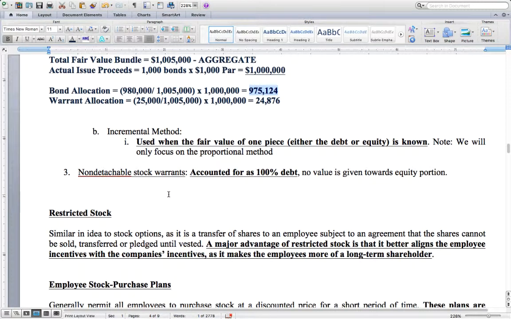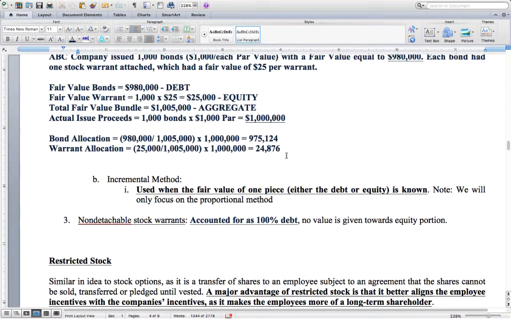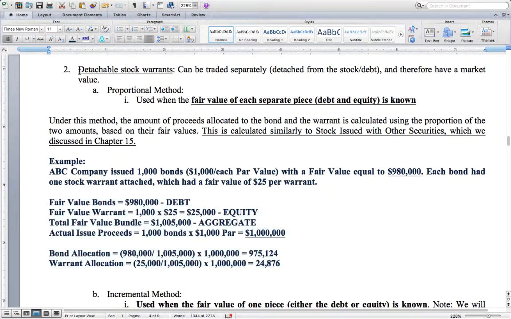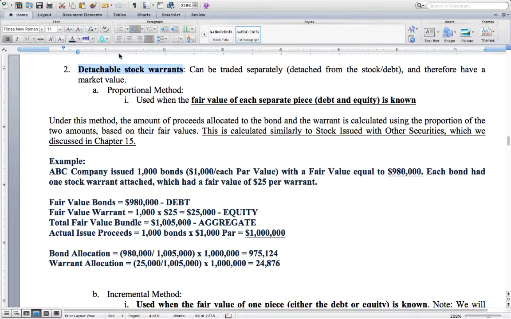Next, let's focus on non-detachable stock warrants. This is very important. They are accounted for as 100% debt. There is no value allocated towards the equity portion. Therefore, this calculation we just did here for the proportional method only applies to detachable stock warrants.